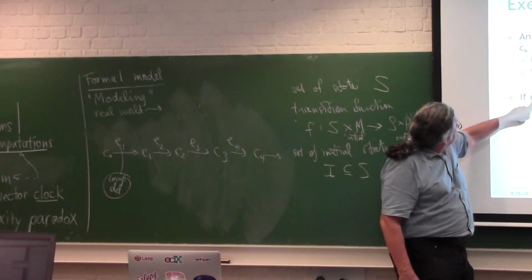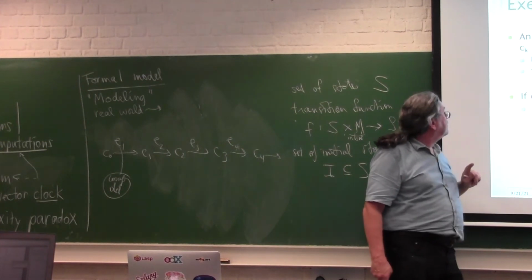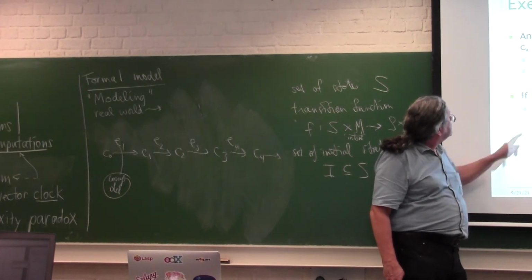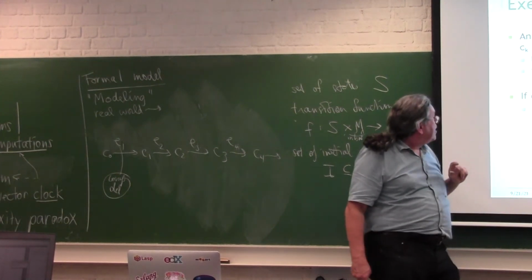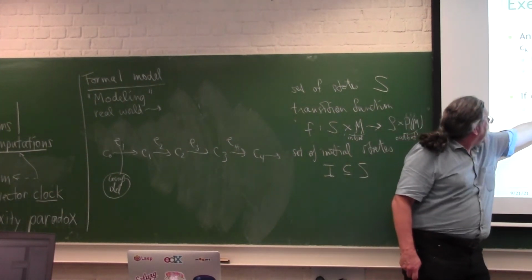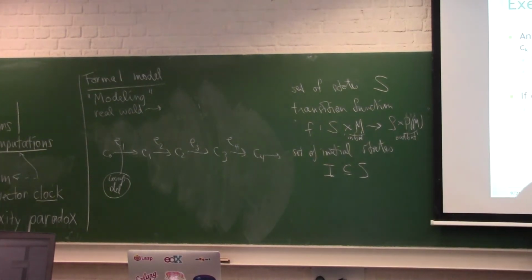So if the event is a comp event, then what happens is C_{k-1} will change to C_k because it will apply p_i's transition function on the state of i in configuration k minus 1, in C_{k-1}. So that's what this comp i means.